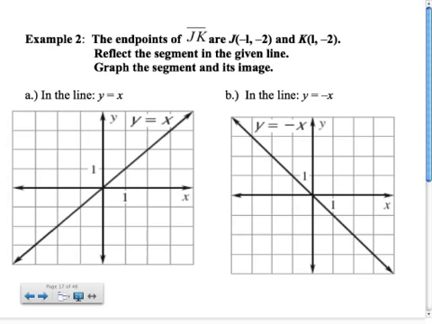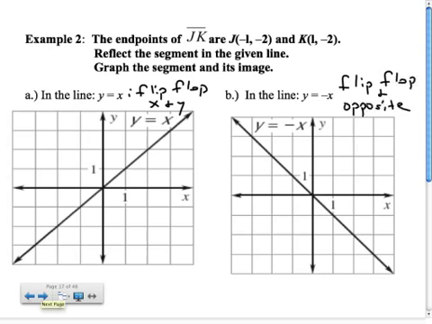The coordinate rule for reflecting over the line y = x is very simply that you take your x and your y coordinate and flip-flop them. For the line y = -x, you flip-flop them and then do the opposite: if it's negative, you make it positive, and if it's positive, you make it negative.